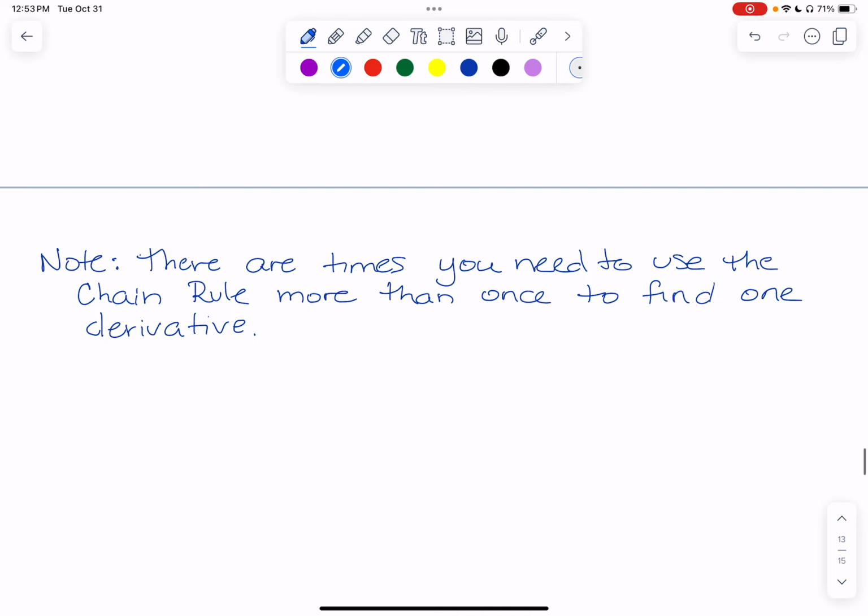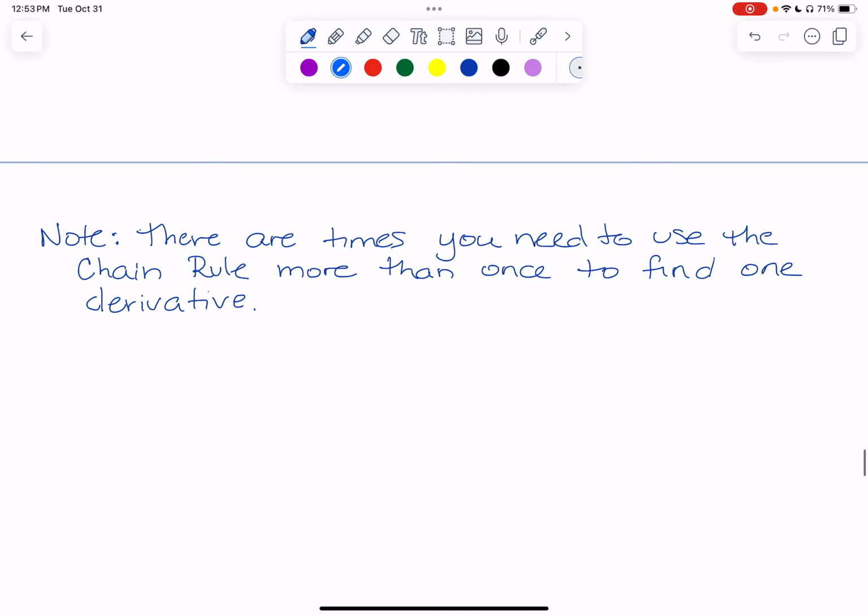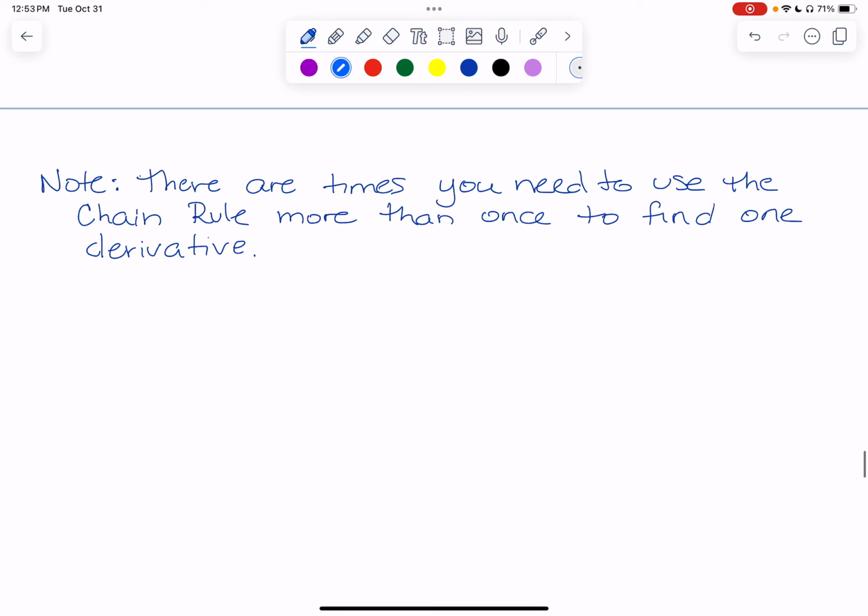Marvelous. Now, notice that there are times when I have to use the chain rule more than once to find a derivative, and I want to take a look at how we're going to write that. We're going to start with the innermost function and move on out, getting further and further out as we go.